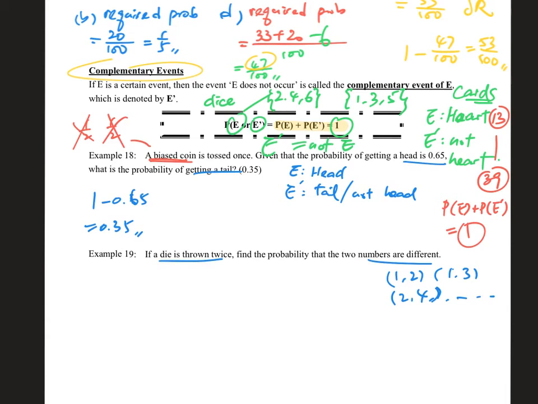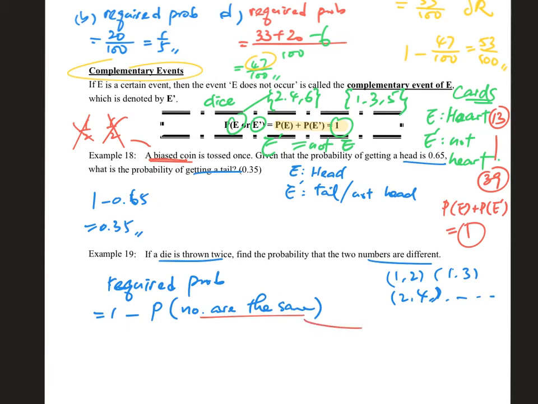That means the required probability will be equal to 1 minus the opposite, when the numbers are the same. Because the numbers are either the same or different. When the numbers are the same, that's easier: 1, 1, 2, 2, 3, 3, until 6, 6. So that's 6 favorable outcomes in total.